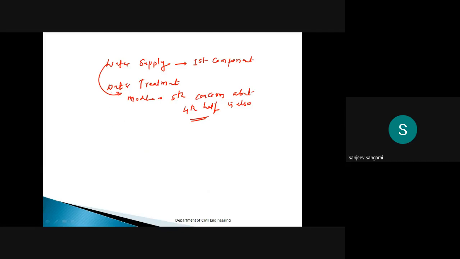The remaining part is water treatment, that is module three.